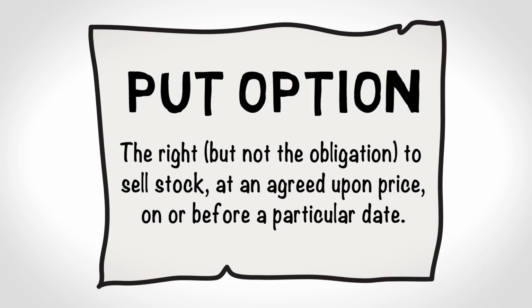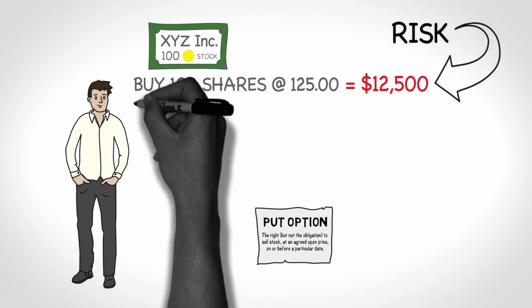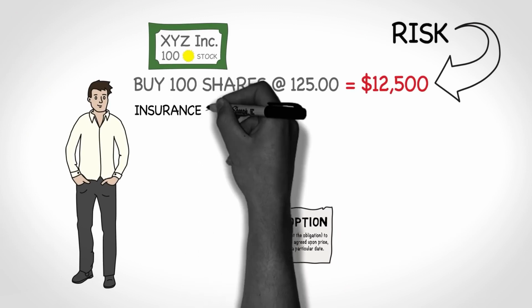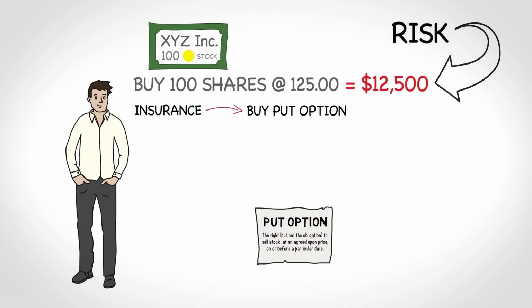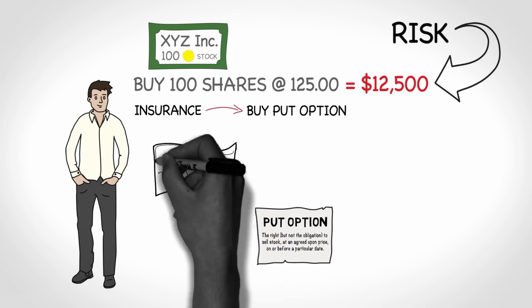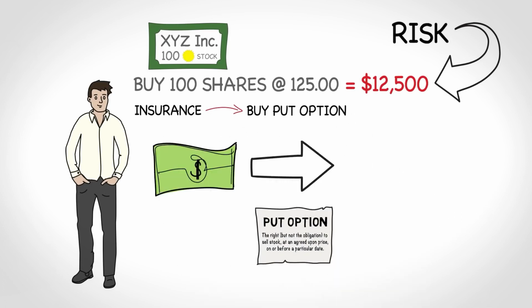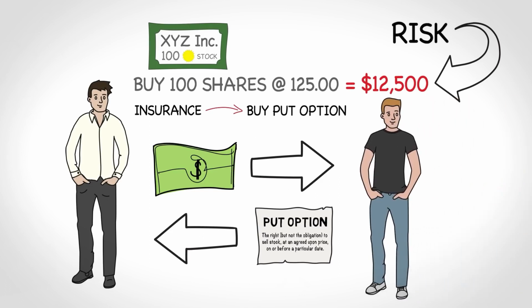Now, let's recap. You own stock and you want to buy insurance on that stock investment. So you buy a put option. Simple enough, right? Now, if you bought an option, someone had to have sold it to you. But who? The answer is any other trader who is willing to be paid to take on your risk, just like an insurance provider.